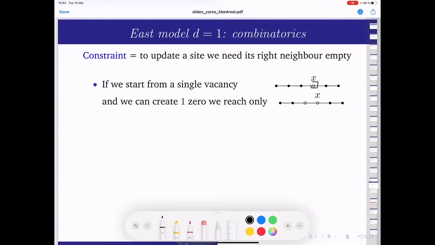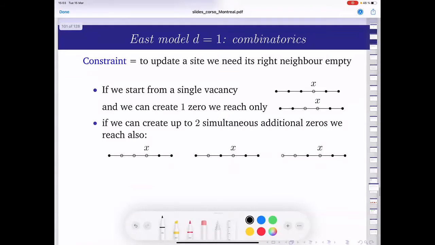I put a square around this one. You leave it, and whatever you do, you can go through only configurations that have one additional 0. Then you can go only to this configuration. Because once you have a 0 here, either you create another 0 here, but you have to leave this one in order for the constraint to be satisfied, or you go back to the original configuration.